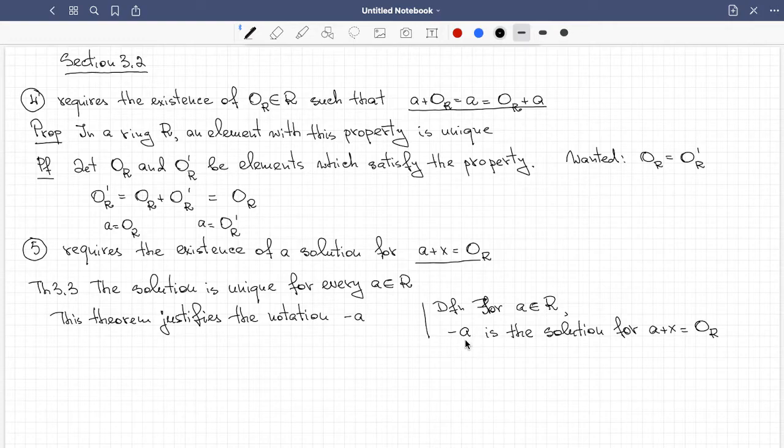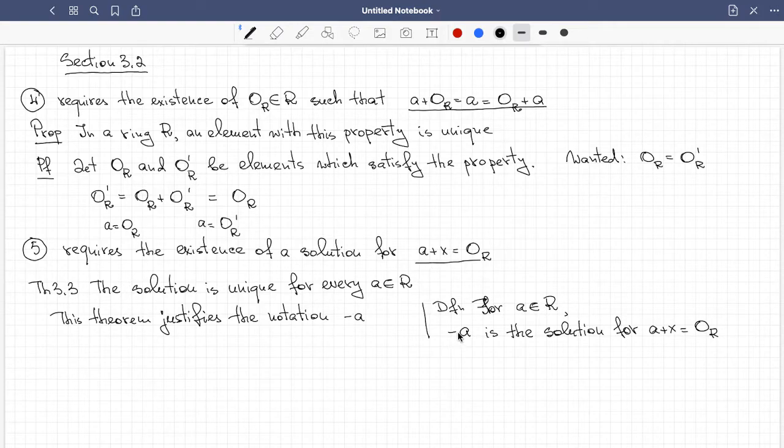Now we will use the negative sign. Without the theorem, we cannot introduce this notation, because we only know the solution exists. If there are several solutions, we cannot denote the solution by negative A.